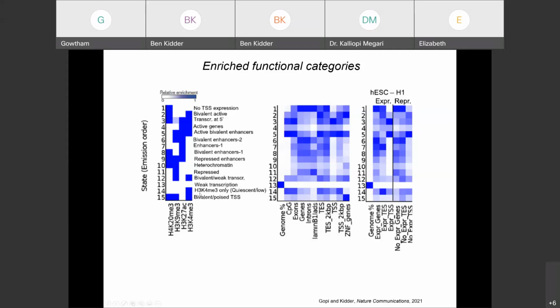Beyond that, we can look at different genic features. Within these 15 states, we can look at the representation of CpGs, and at different features such as exons and genes, which are indicated on this x-axis. We can also look at general transcription or activity of genes within these 15 states.